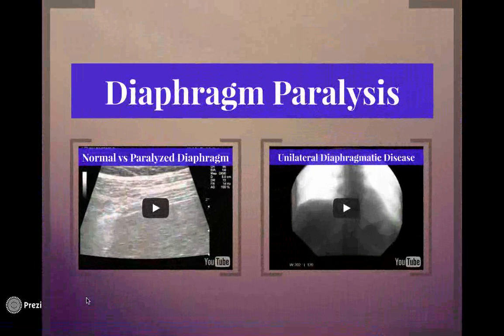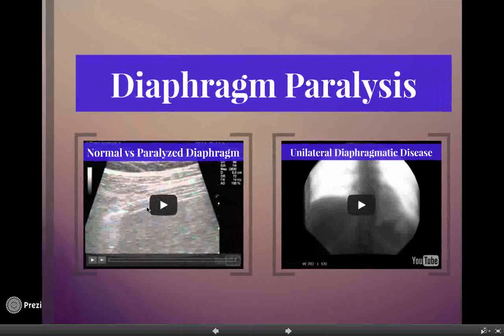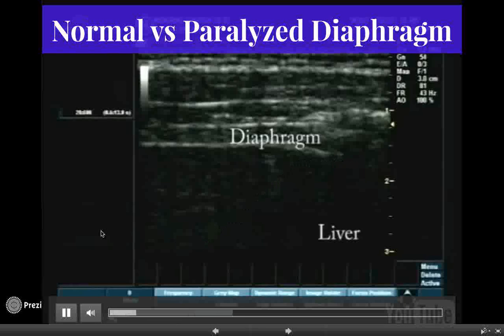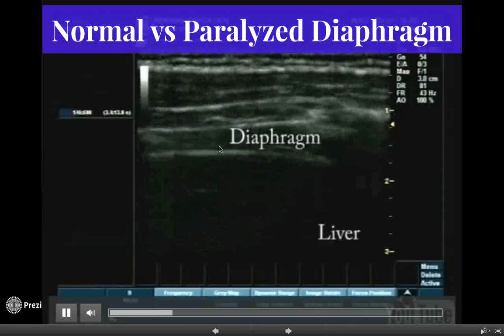Here I'm going to show you two different types of paralysis. The normal versus the paralyzed diaphragm, which is the damaged diaphragm, and the unilateral diaphragmatic disease. First, we're going to start with the normal diaphragm. Diaphragm and the liver. So this is how it usually works.